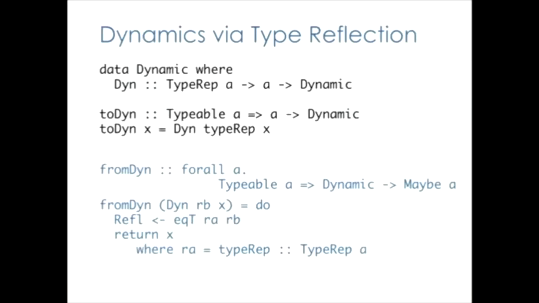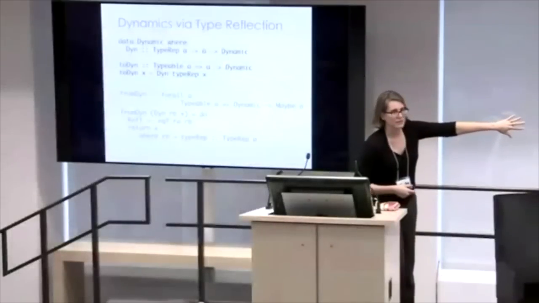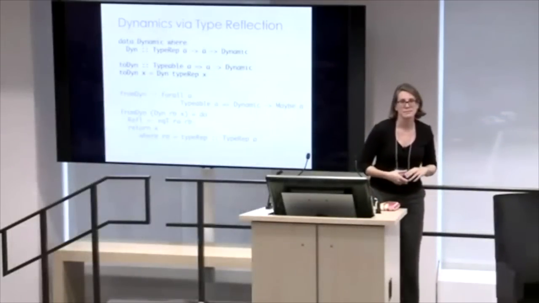And then if eqt succeeds, we get a proof that A is equal to B, and so then we can just return x. x had type B, but that proof that A equals B tells the type checker we can give it back to a context that wants an A. So this is perfectly type sound. The type checker accepts it.